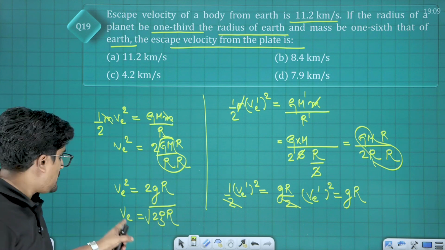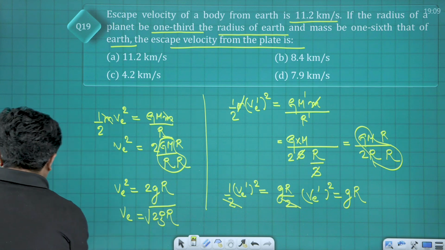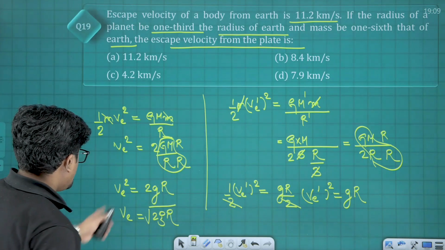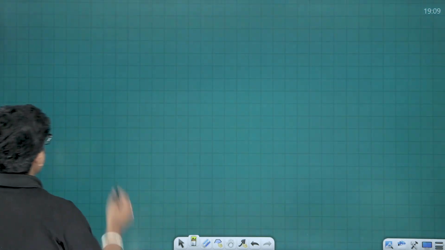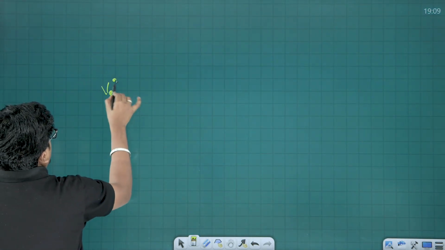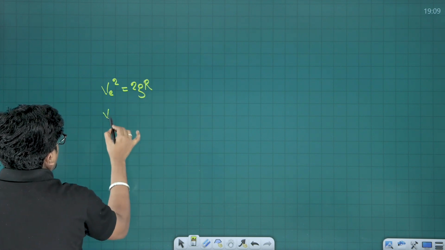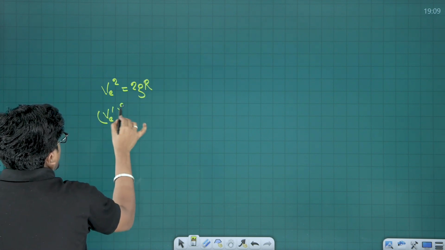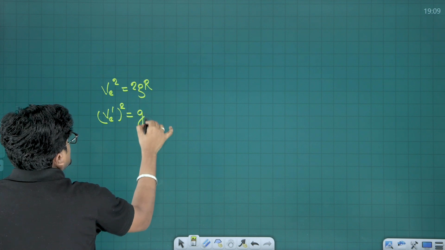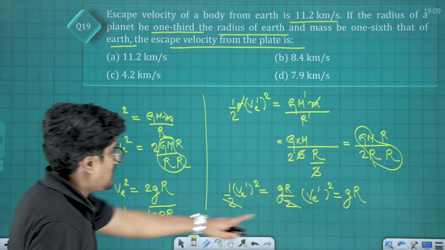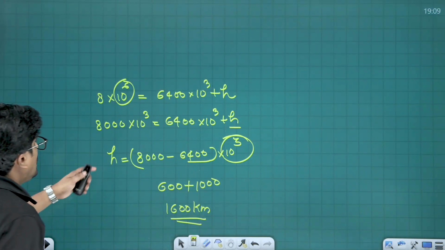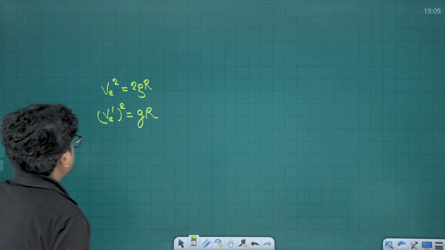And see, have a look. What was the situation over here? If I consider the situation over here, VE square was 2 times g into R. And now what we are having is VE dash square is equal to what? g into R, isn't it? Now let me take the ratio here.